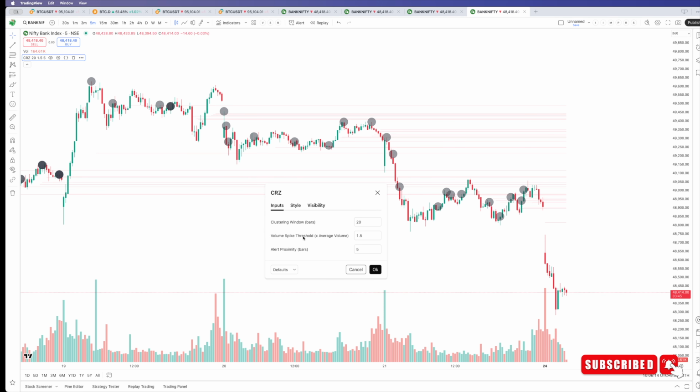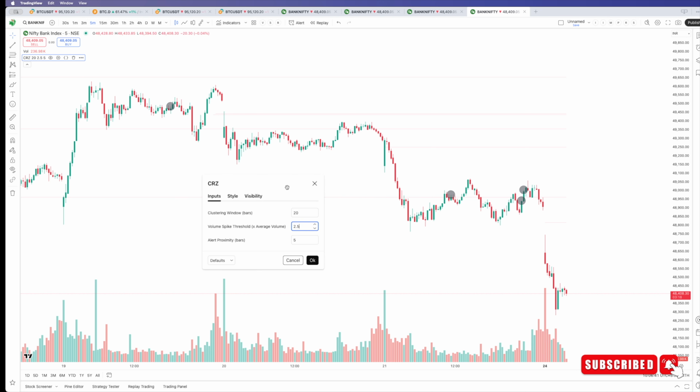The volume spike threshold you can increase as per your convenience or trading style. When you increase it, you'll see less noise on the chart. It will only show you the confirmed ones, but like I said, it is totally customizable. You can use it as per your trading style.